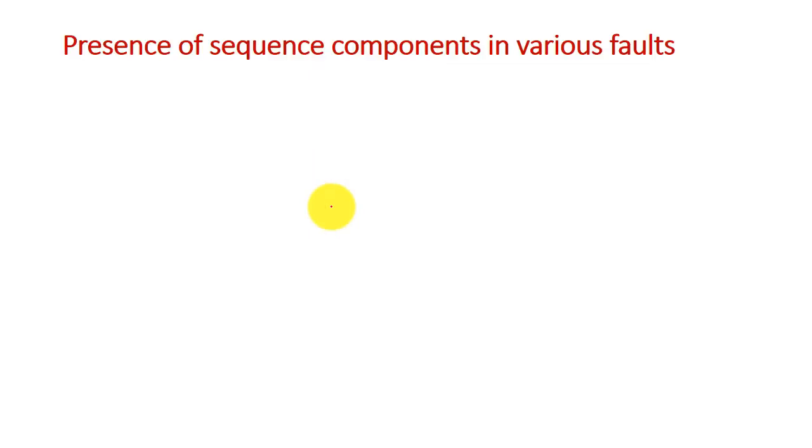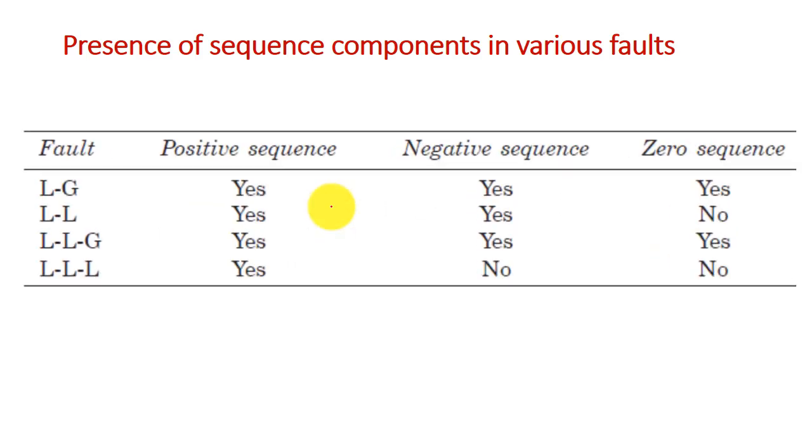So, presence of sequence components in various faults. Let us see the presence of sequence components in various faults, and then we will derive what combination will feed the voltage and current into the relay. Already we know the different types of faults: line to ground fault, line to line fault, double line to ground fault, and triple line fault.